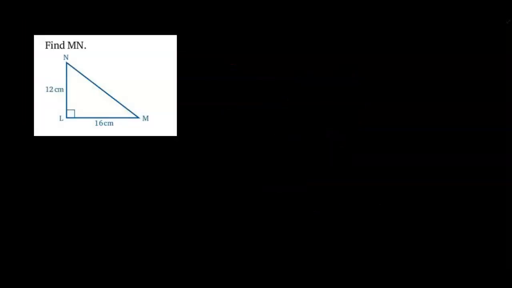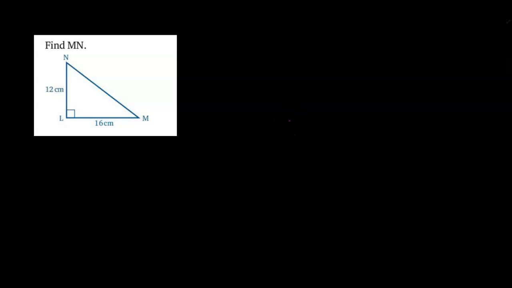Let's look at another example. They ask us to find the length of MN. So we have a triangle LMN with angle L being 90 degrees. And MN, based on the Pythagoras' theorem, will be the hypotenuse.